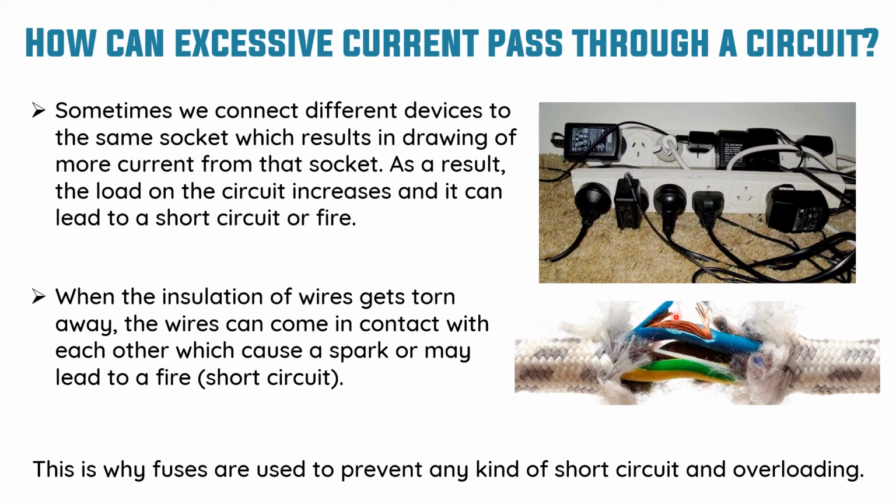When these insulators get torn away, the wires can come in contact with each other, which causes a spark or may lead to a fire. That is the short circuit. This is why fuses are used to prevent any kind of short circuit and overloading.